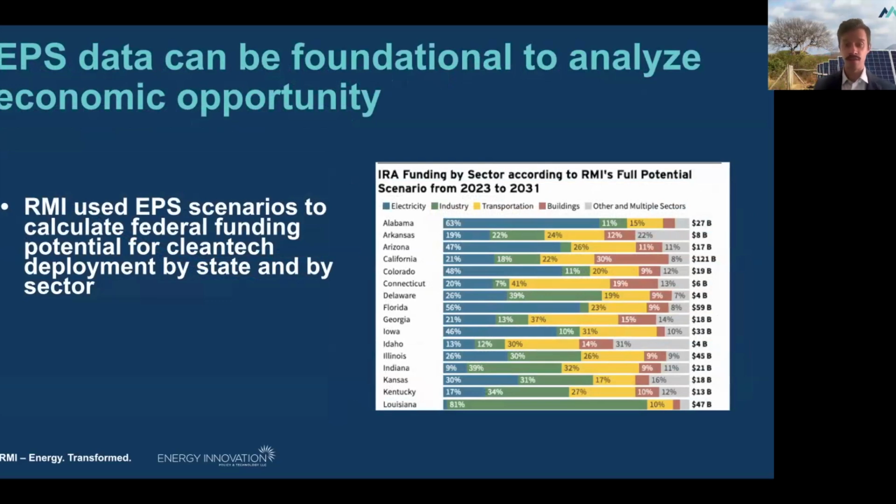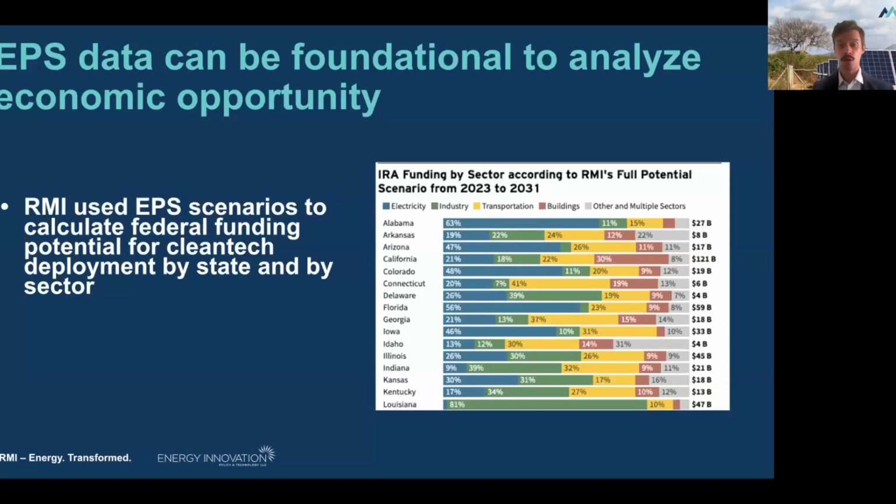I wanted to provide one example that we at RMI had gotten a lot of traction on because it ends up being relatively important to our other core work streams, where we used EPS scenarios that we built out for a climate-aligned system to figure out how much Inflation Reduction Act federal dollars flow to specific states. So we were able to use that to figure out how much deployment of EVs, how much deployment of clean energy, to convert that to real federal dollars.